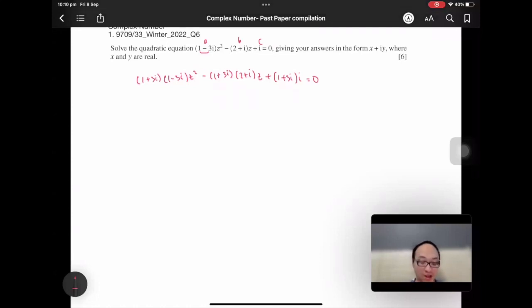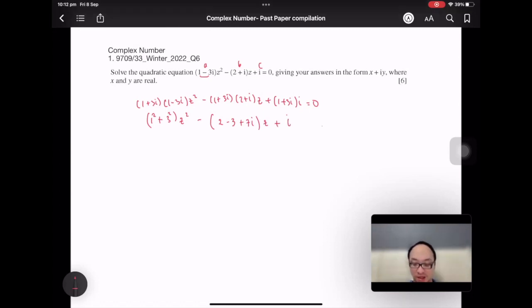And then in here I will have 1 squared plus 3 squared, z squared minus (2 minus 3), and then 1 plus 6 plus 7i, z plus i minus 3 equals 0.